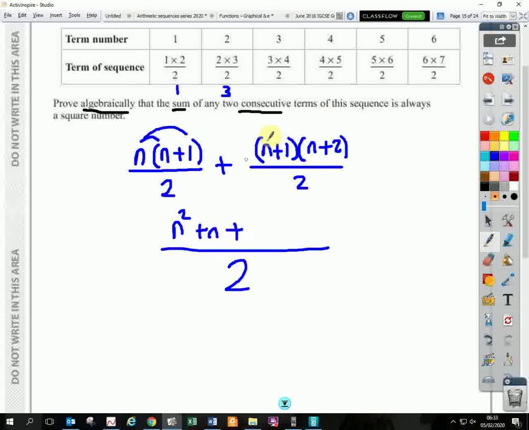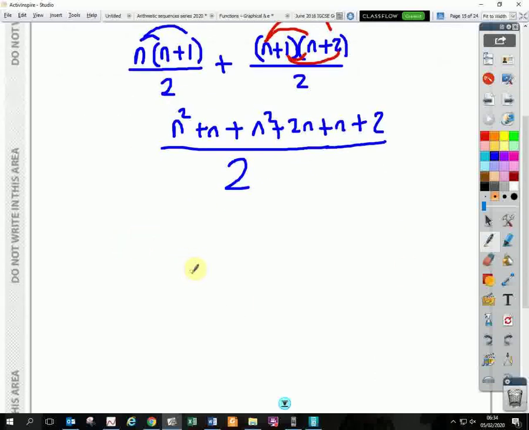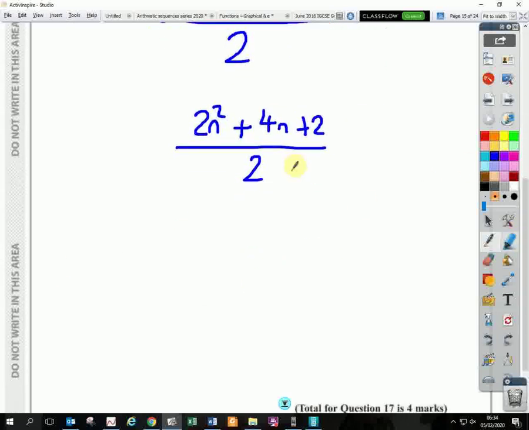And for this one, if you draw all the lines or expand whichever way you feel comfortable, we'll end up with something like this: n squared plus 2n plus n plus 2. So we simplify this, and we end up with 2n squared. We've got n plus 2n plus n, which is 4n plus 2, over 2. In the numerator, we'll factorize the 2.